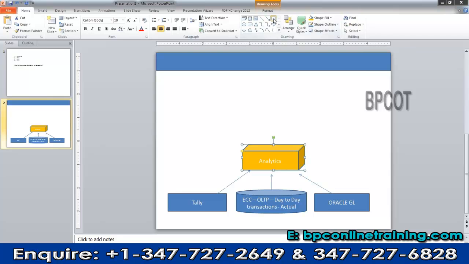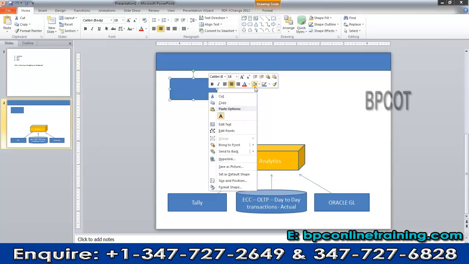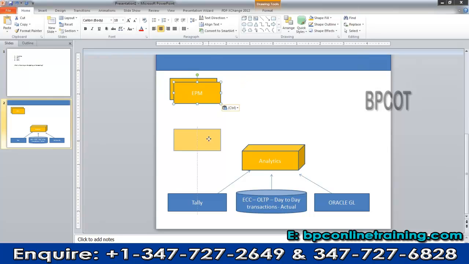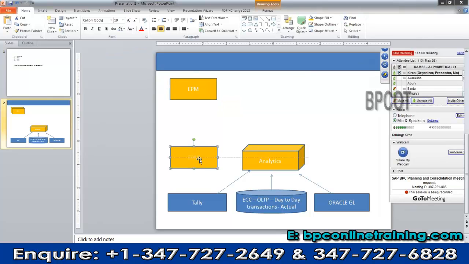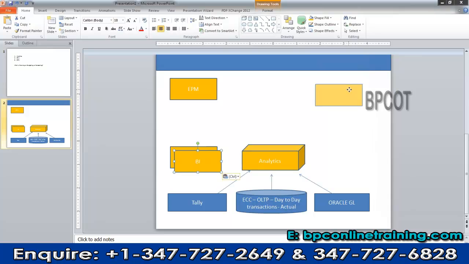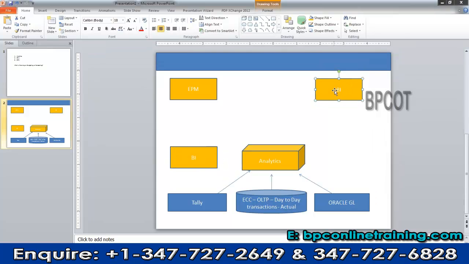Again, analytics is divided into 4 parts. First one is EPM, Enterprise Performance Management. Another part is BI, Business Intelligence. Then you have GRC.